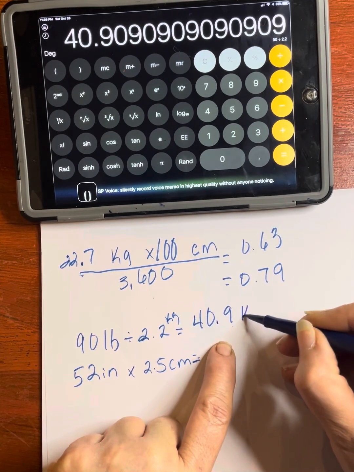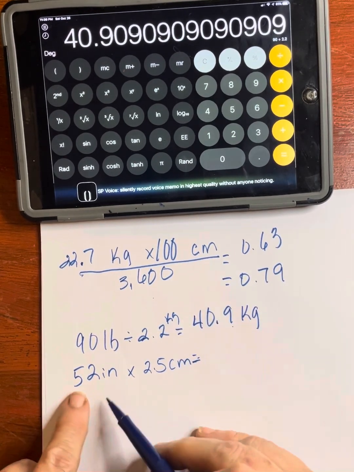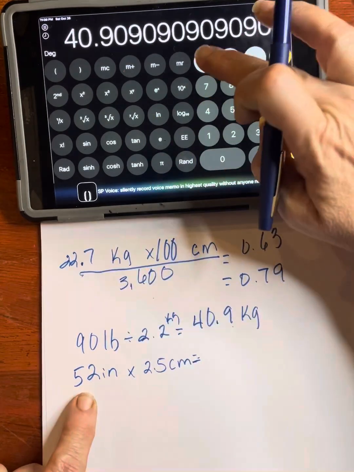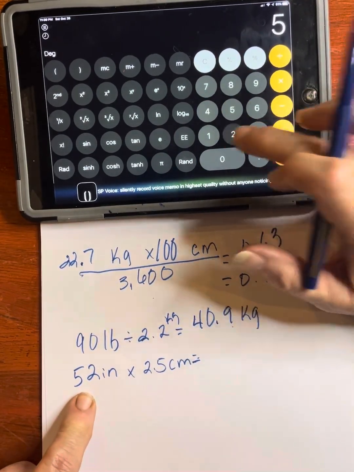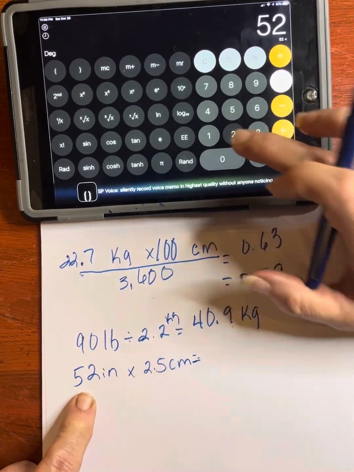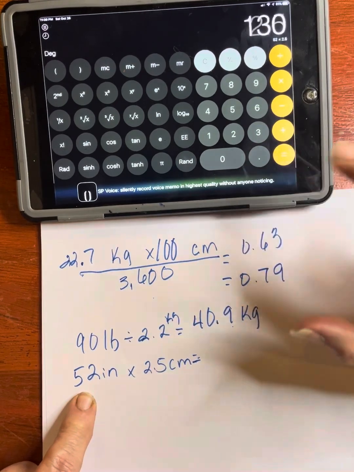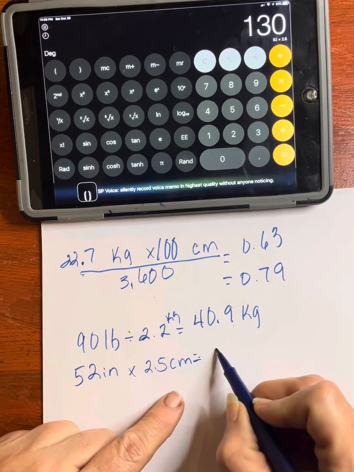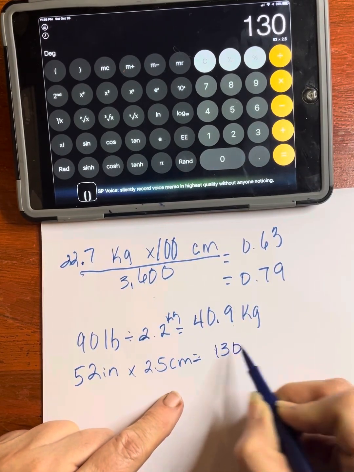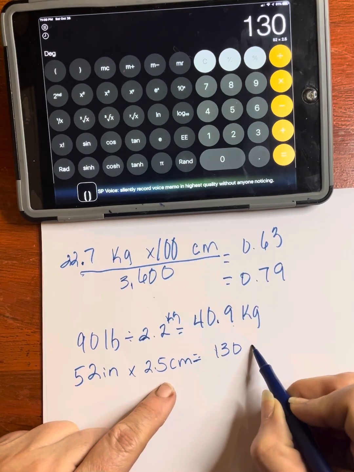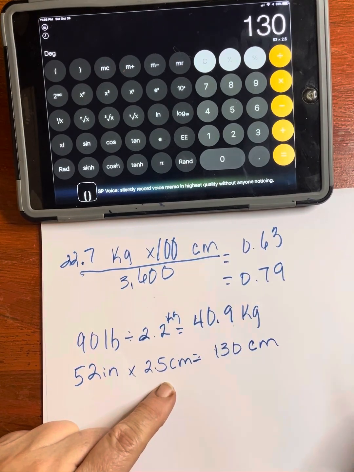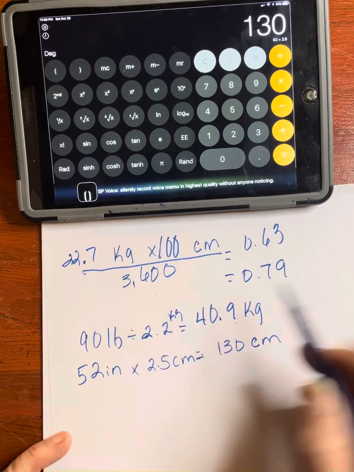So he's 40.9 kilograms. And then we're going to do 52 times 2.5 equals. Thank God it's a nice solid whole number, 130 centimeters.